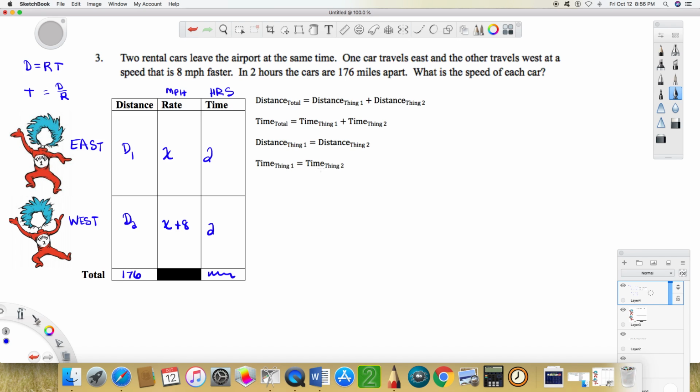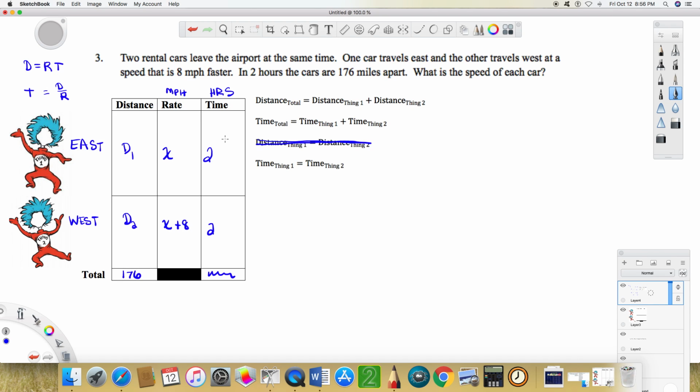All right, so I don't think there's anything in the problem that implies that the two cars traveled the same distance of the 176 miles, especially since they're traveling at different rates. I don't think that's a reasonable relationship there.